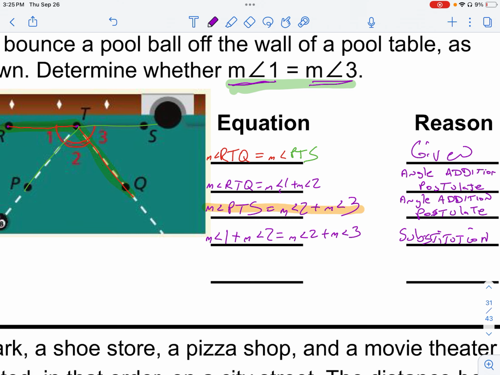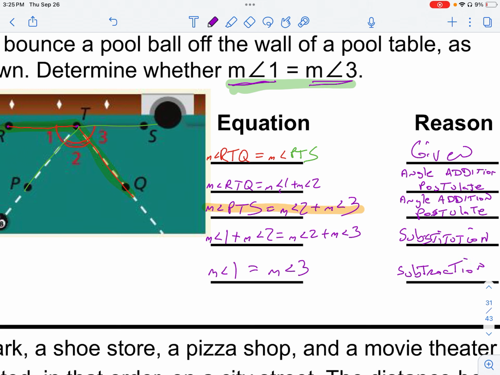But we're still not there because we got to prove 1 and 3 are equal. But if we subtract the measure of 2 from both sides, we are left with the measure of angle 1 equals the measure of angle 3.